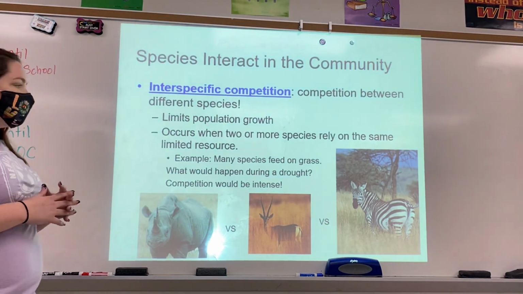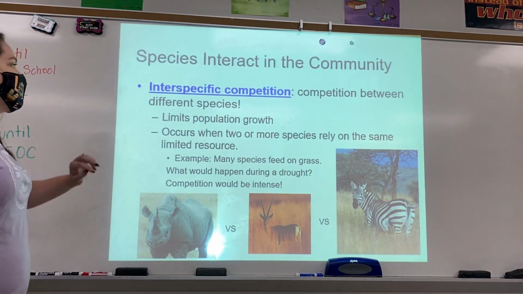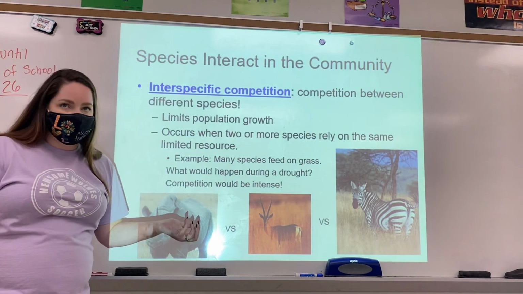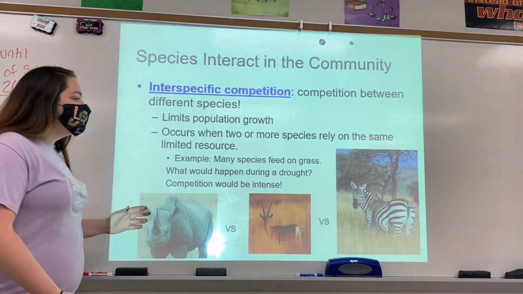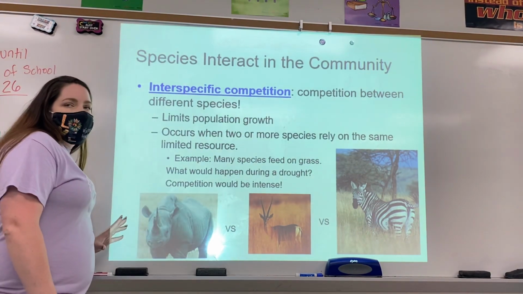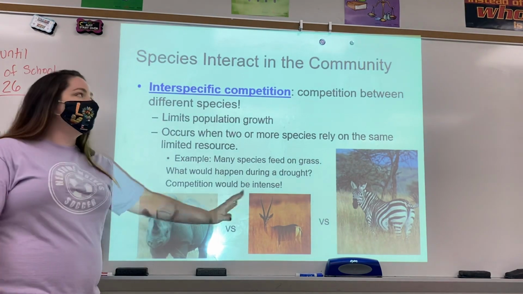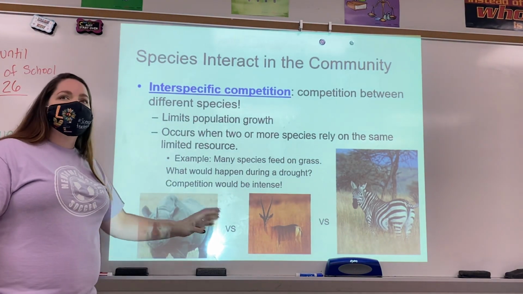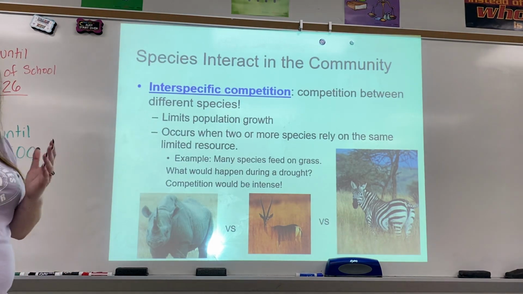So this overall study of the relationships between multiple species is called interspecific competition or interspecies competition because they live in the same area and that area has a limited amount of resources.